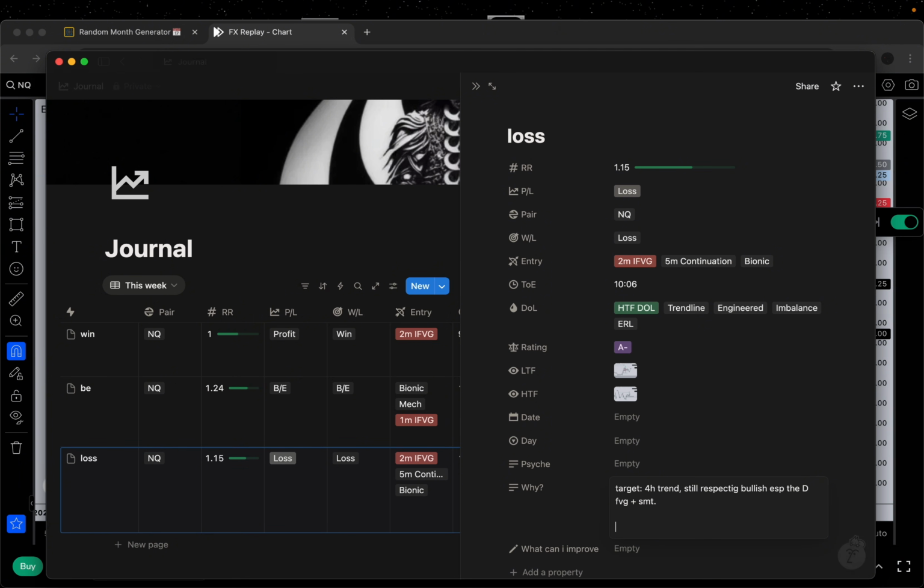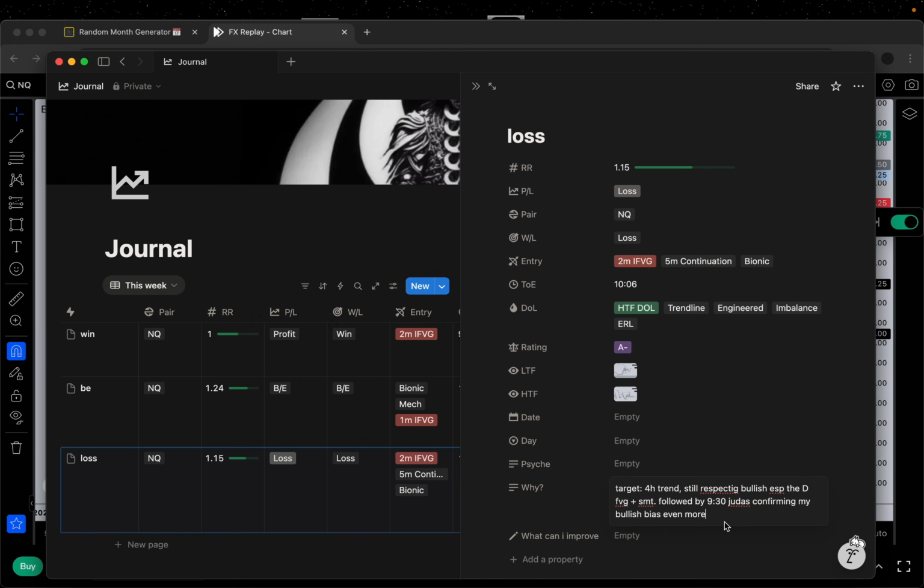Plus SMT, then an AMD 930 Judas, confirming my bullish bias even more.